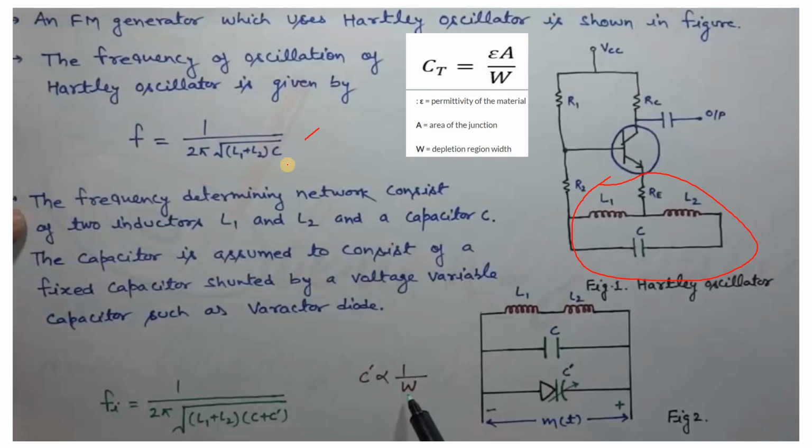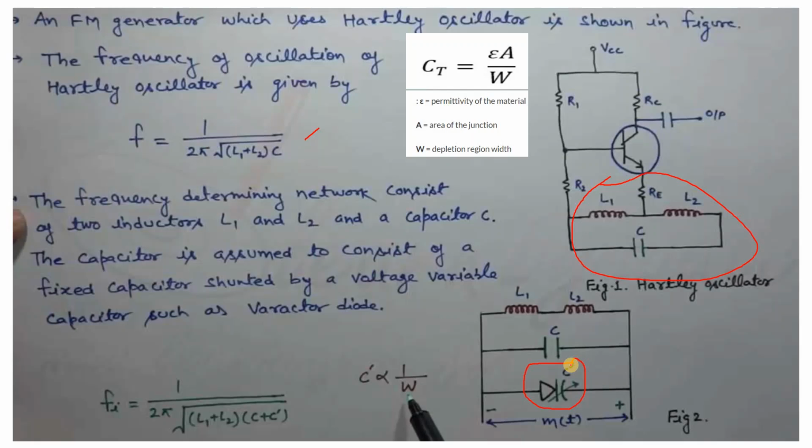But here we use this Hartley oscillator for generation of FM. So we have to make some alteration in the Hartley oscillator by adding one extra component, connected with the capacitor, that is a varactor diode. A varactor diode is also called a variable capacitor.